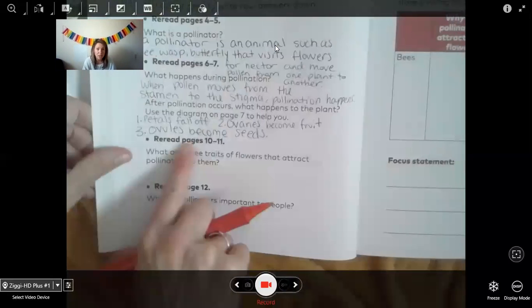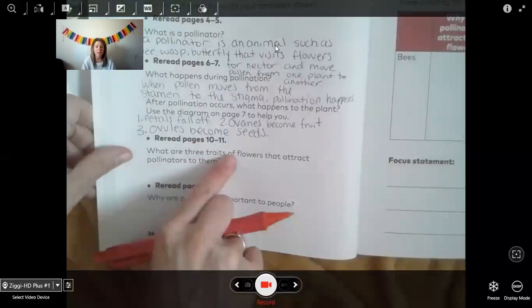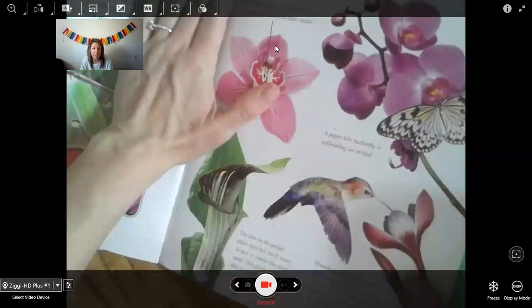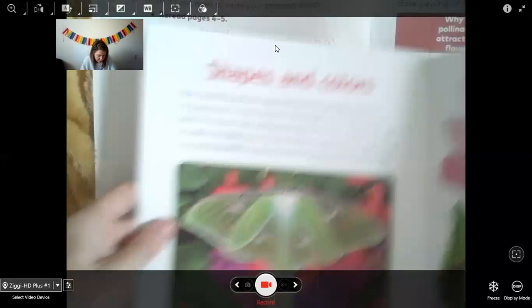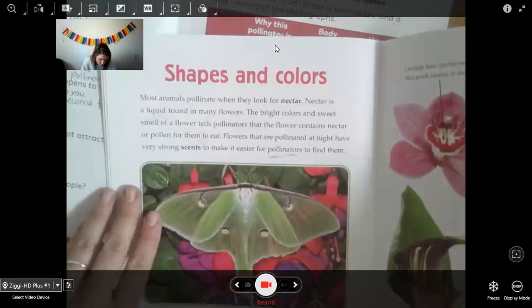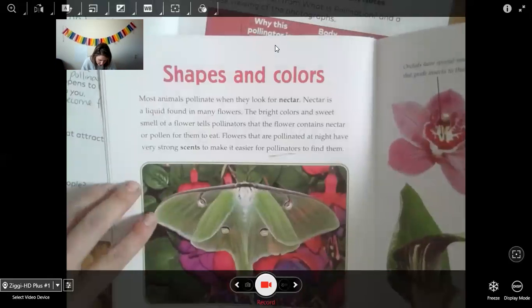So now it says to reread pages 10 through 11. And then what are 3 traits of flowers that attract pollinators to them? So let me turn to those pages, and then you're going to type in your responses, okay? So it says, shapes and colors. Most animals pollinate when they look for nectar.